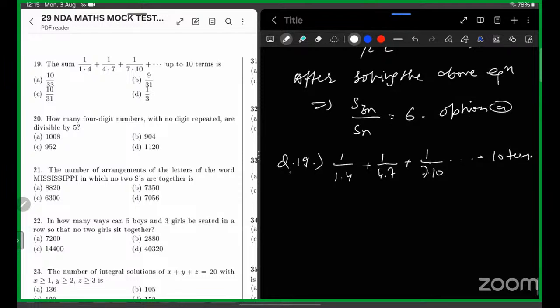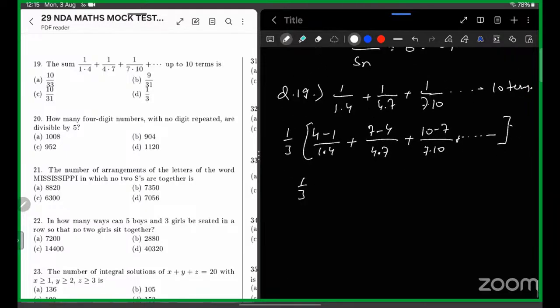So what we can do here, in the numerator, if I replace this 1 as 4 minus 1, I'm going to get 3. So taking 1 by 3 outside to balance it, I can write it as 7 minus 4 upon 4 into 7 plus 10 minus 7 upon 7 into 10 dot dot dot.